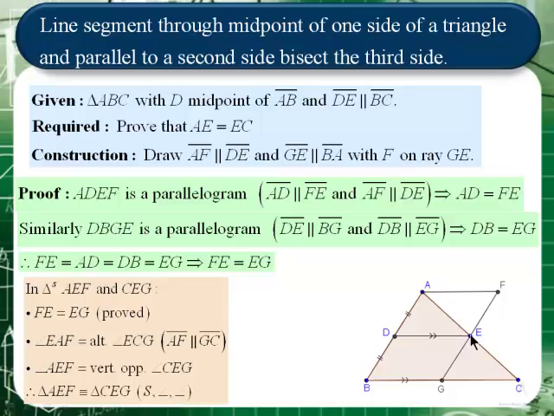Now because these two triangles are congruent, we can therefore conclude that AE, can you see the first and second position, is equal to CE, and that proves then that E must be the midpoint of AC, which concludes the proof.